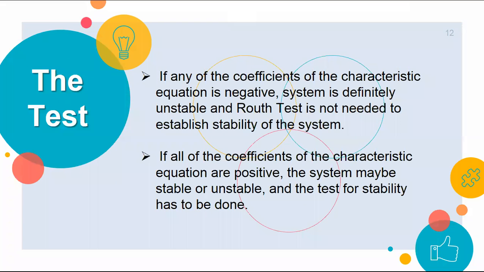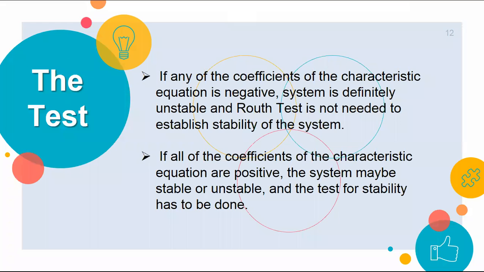So if you have, for example, 2s squared minus s plus 1, the coefficient of negative 1 in the s term already tells you that your system is unstable. There's no need for you to do the test, and no need to perform the factoring I mentioned a while ago to test whether you have roots which are real, because automatically it's already unstable.